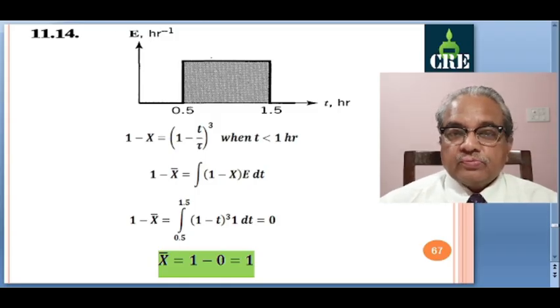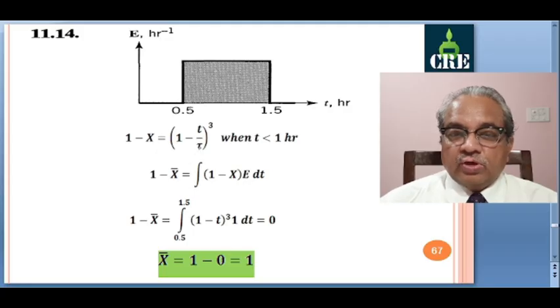11.14. Now E curve, this is given from 0.5 to 1.5. So this is 1. 1 minus x, same thing, (1 minus t by tau) whole cube when t is less than 1 hour. 1 minus x bar is the integral of 1 minus x into E dt.